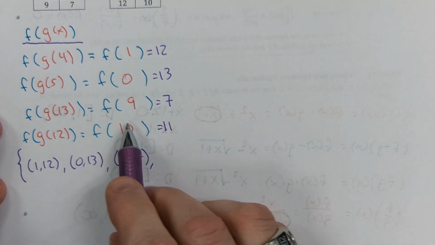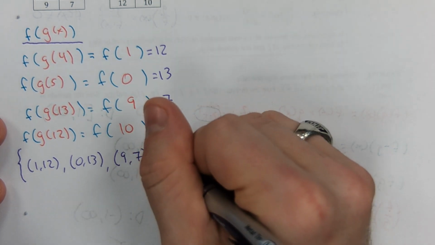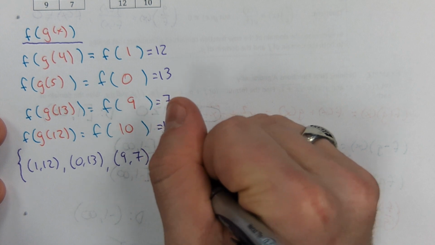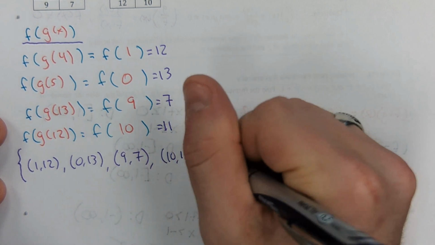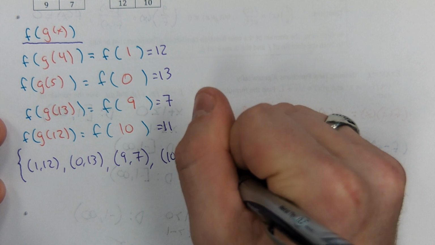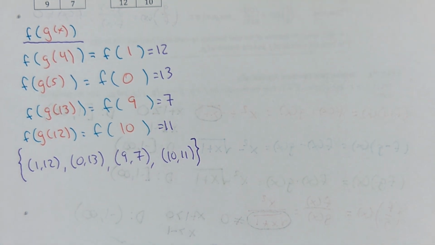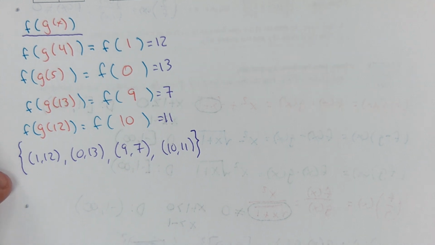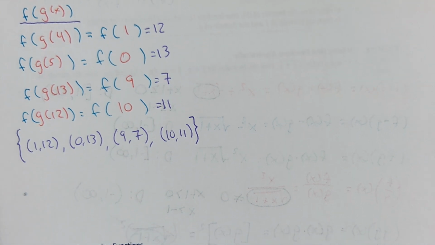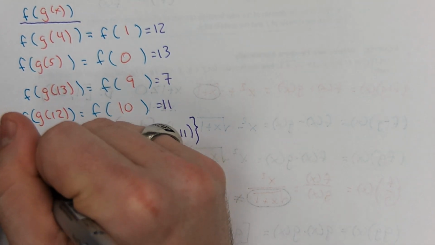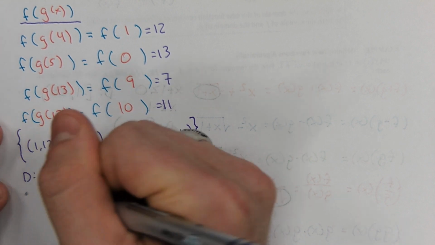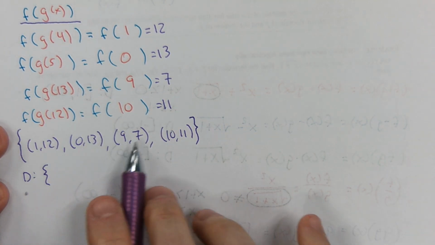And 10, 11. So when you list out its domain and range, you just list its x's and its y's. Domain in order is 0, 1, 9, 10.